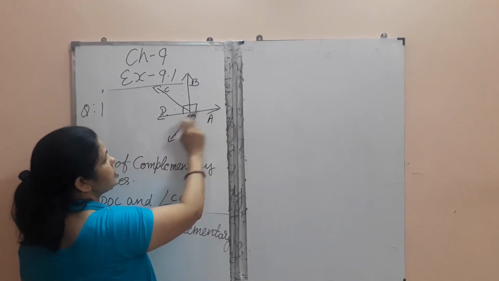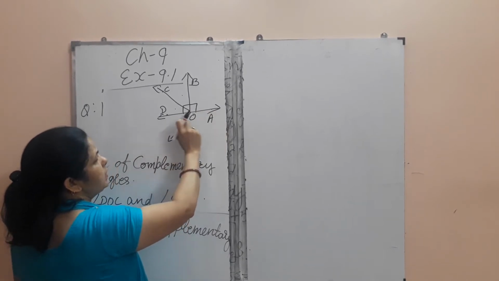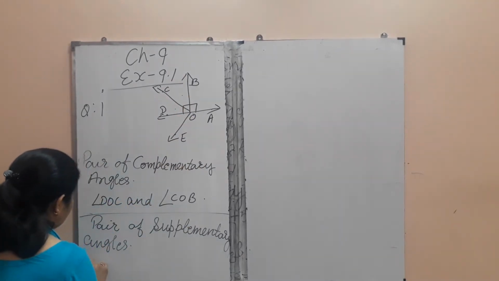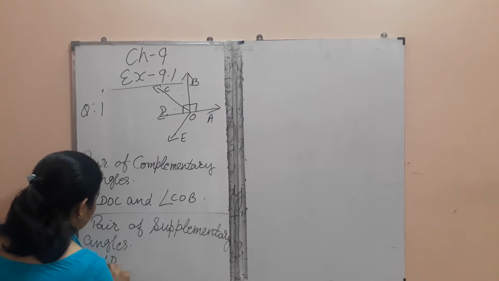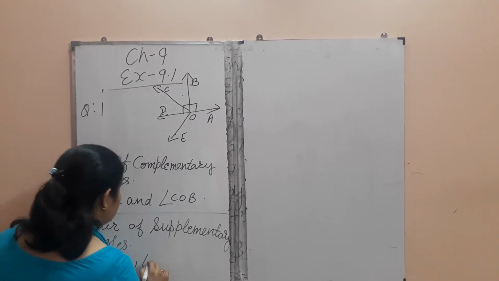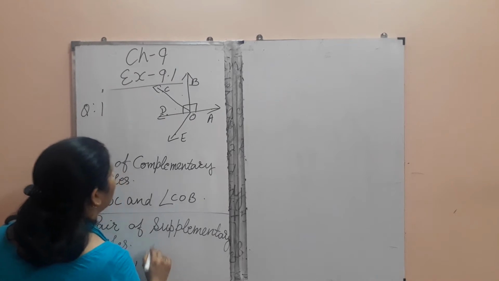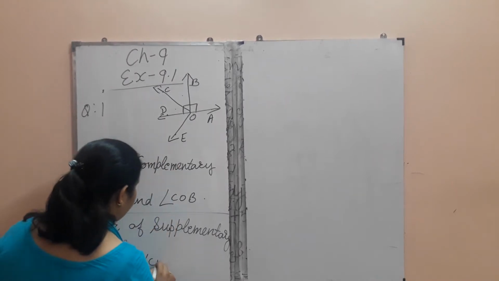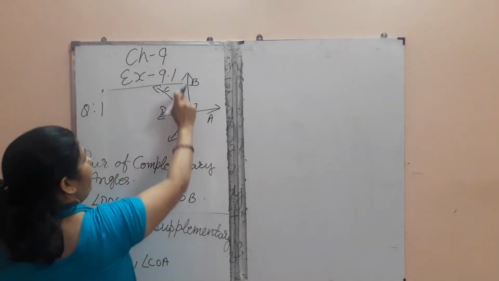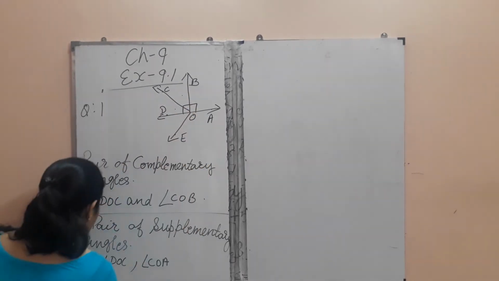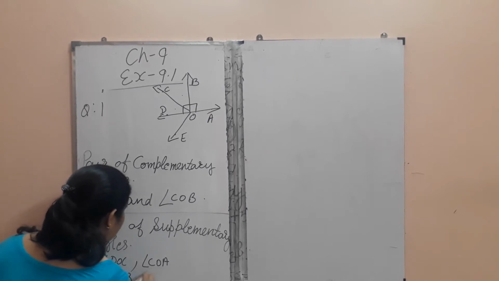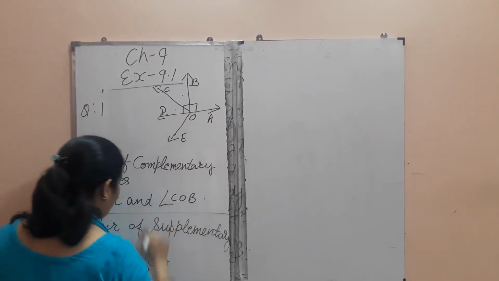So this straight angle is formed by DOC and COA. First pair is angle DOC and angle COA. Second pair is angle DOB and angle BOA.